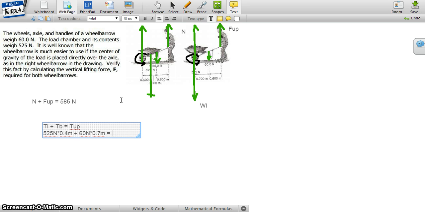And that's got to be equal to the force up times the distance away, which is 1.3 meters. And so I can figure this out. I get 194 newtons about for F up. That's for the first case.